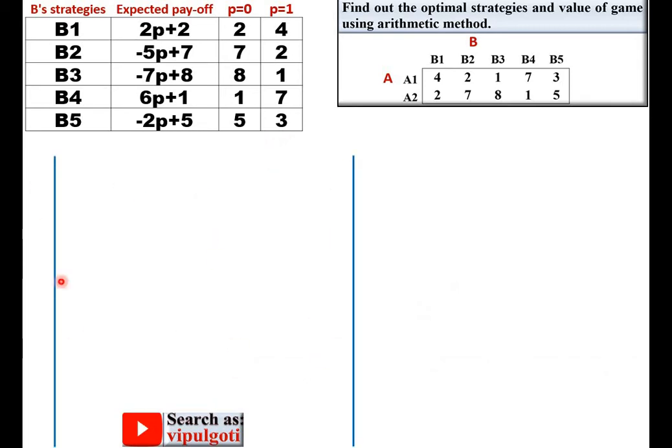Now next, first draw two vertical lines. The distance between the two vertical lines you can take randomly, anything. Right here this line represents P is equal to 0 and this line represents P is equal to 1. Now see all these values and find the minimum value and maximum value.